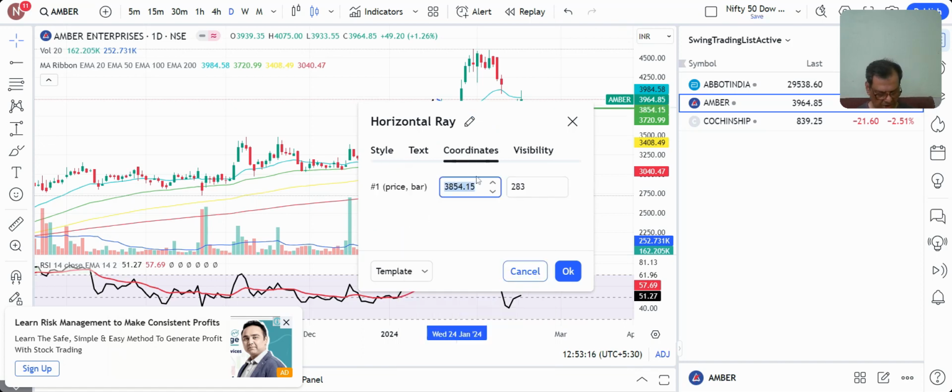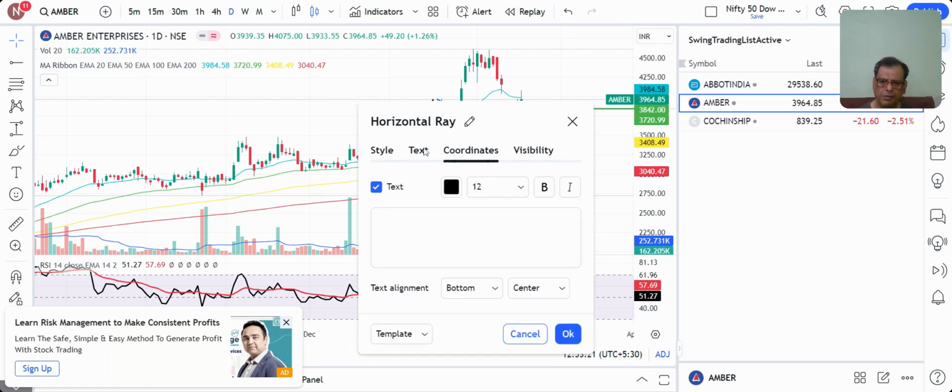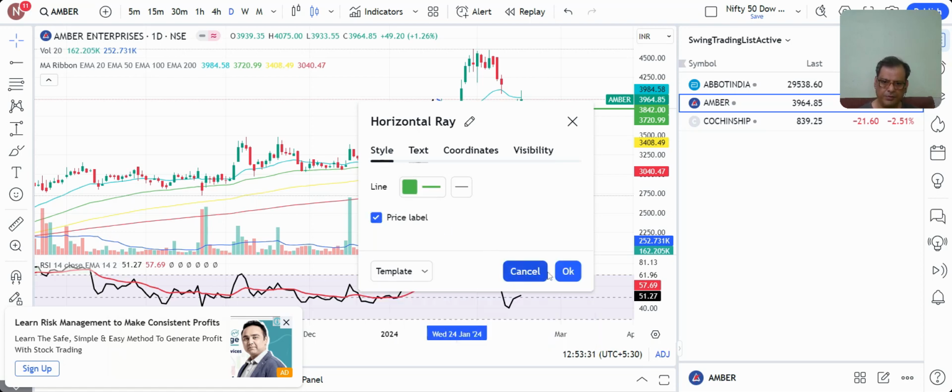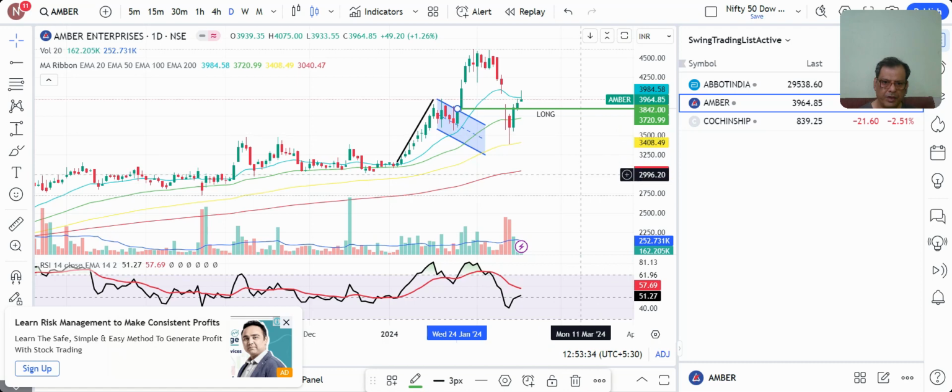You can keep 3842. You can keep it 3841, up to you. You write something like long so that when you revisit this chart on your mobile, if you're working somewhere, you'll come to know where's your entry and where is your stop loss. So we enter here at 3842, which is outside the flag.